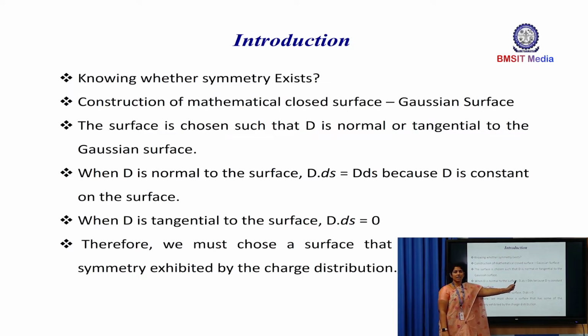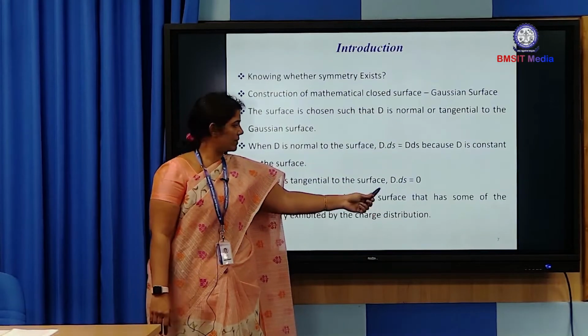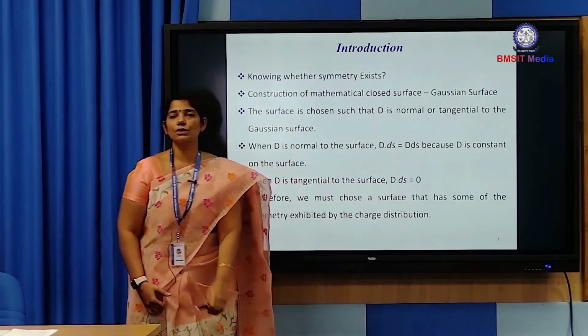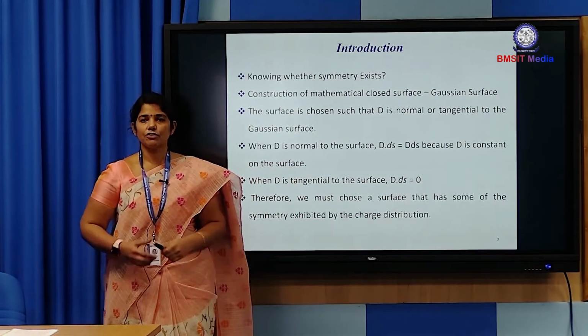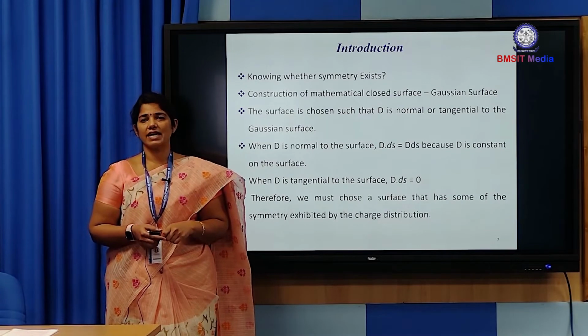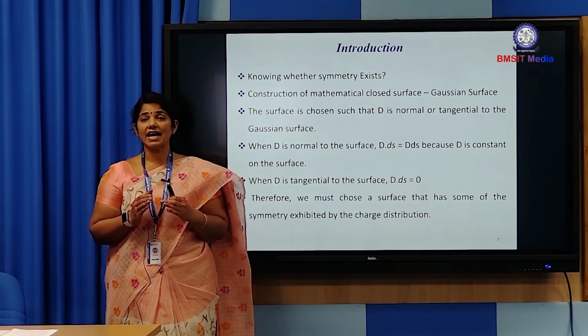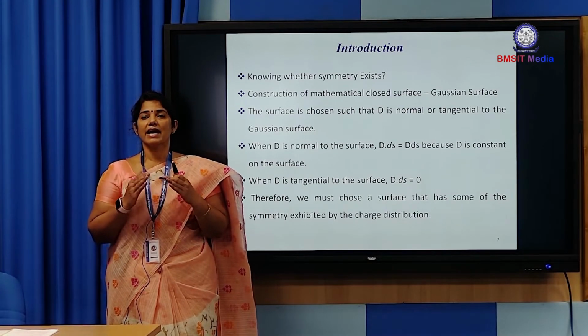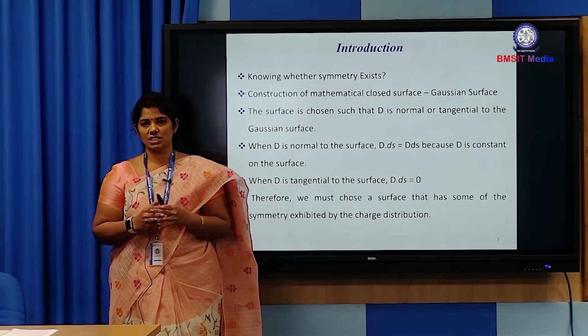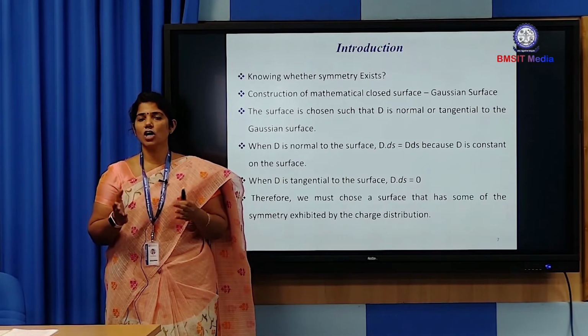When D is tangential to the surface, then it is perpendicular, so D dot dS is equal to 0. Therefore, we must choose a surface that has some of the symmetry exhibited by the charge distribution. If not, we cannot.